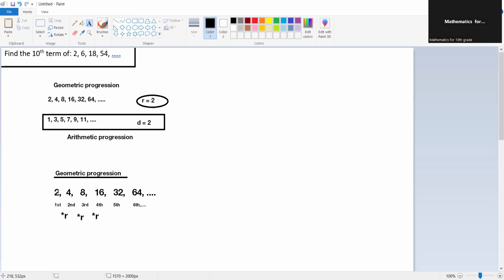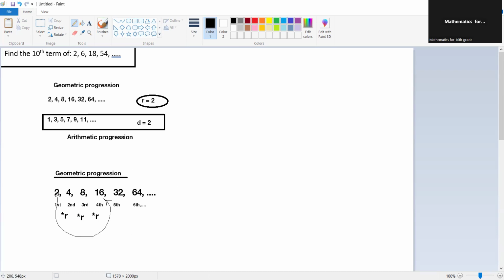So if you notice, how will you get directly the fourth term from the first term? So this is the first term and that's the fourth term. How will we get the fourth term directly from the first term? If you multiply by r 3 times.